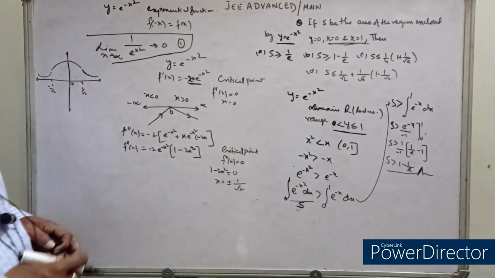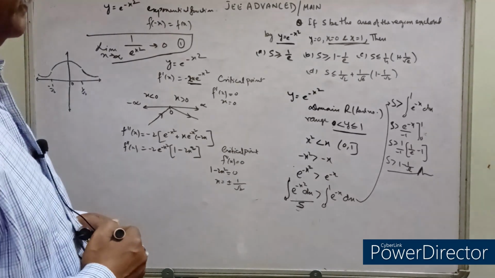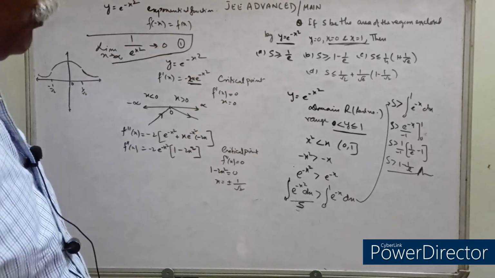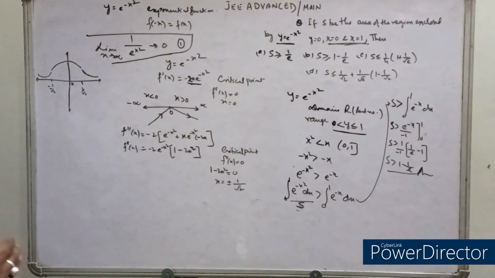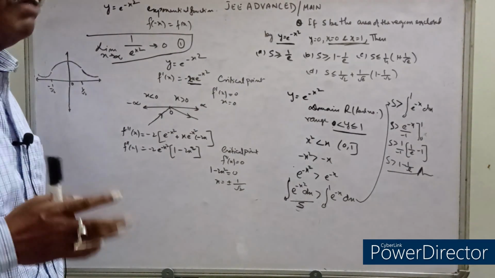Let me tell you again, questions of this type are important for you, and from this you have learned the use of f dash x as well as f double dash x.